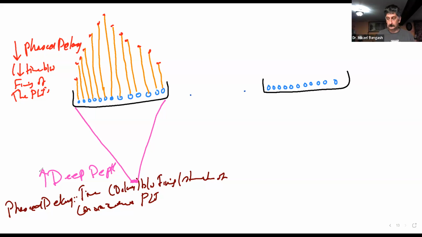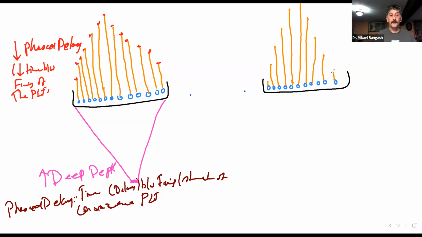Whereas if our phase delay is great, we'll have a great phase delay, which may mean that the firing interval, or the time interval, or the phase delay between the firing of this to this, this to this, this to this PCT here is a great phase delay.